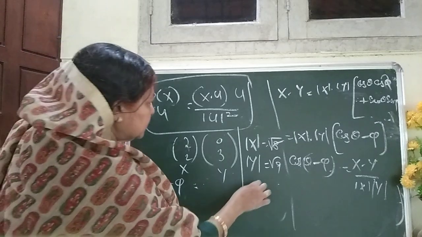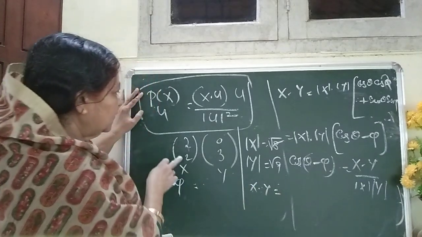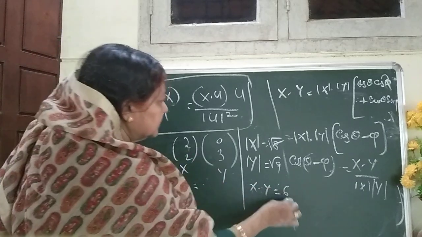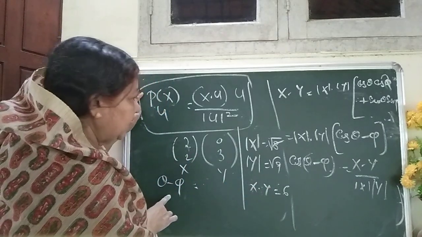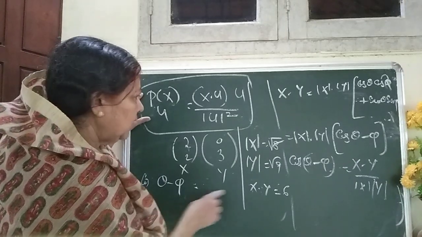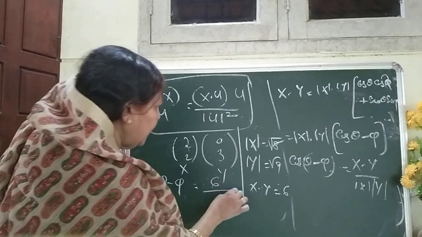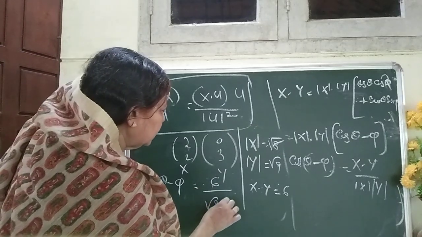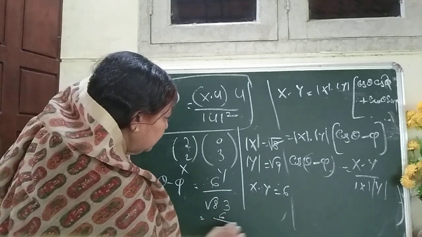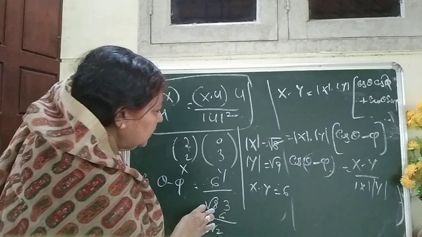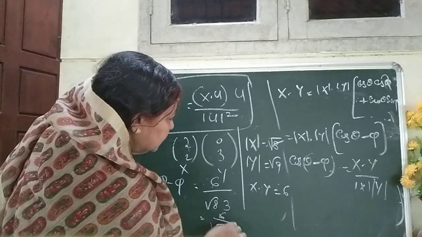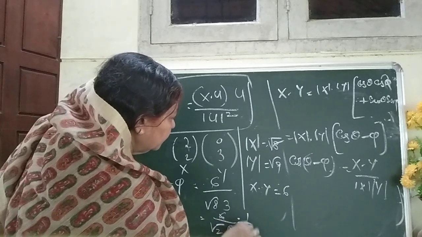Also, what is x dot y? 2 into 0 plus 2 into 3, that is 6. Therefore, cos theta minus phi equals x dot y, 6, by root 8 into root 9, that is 6 by 2 root 2 into 3, so it is 1 by root 2.